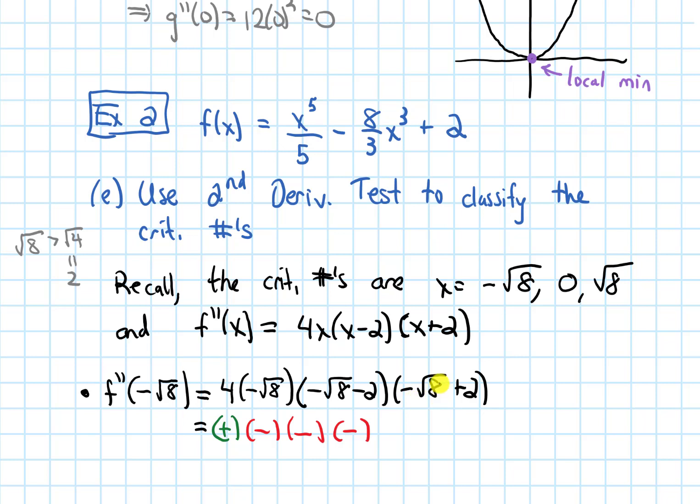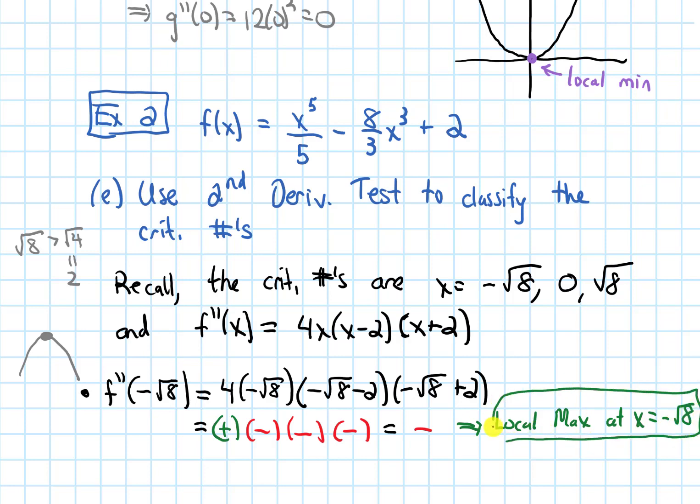So negative root 8 is less than negative 2, so even when you add 2 to it, it'll still be a negative number. Overall, a positive times 3 negatives is going to be a negative number. So when my second derivative is negative, I have a concave down situation, and at my critical number, we have a local max at x equals negative root 8.